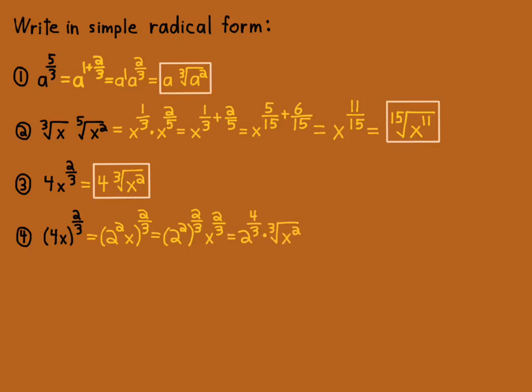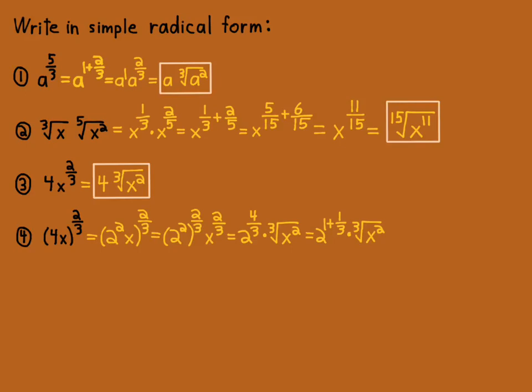Okay, so I end up getting 2 to the 4/3, and I converted the x to the 2/3 to the cube root of x squared. And then the 2 to the 4/3, I can break up like 1 1/3. You could do this in your head if the numbers are simple enough. Right, 4/3 is 1 1/3.